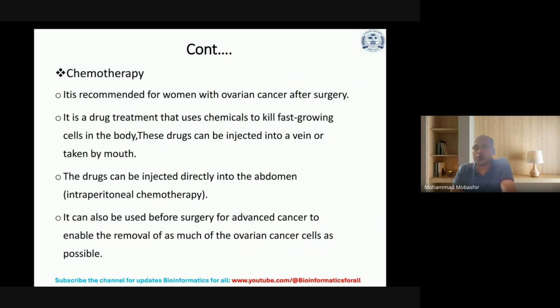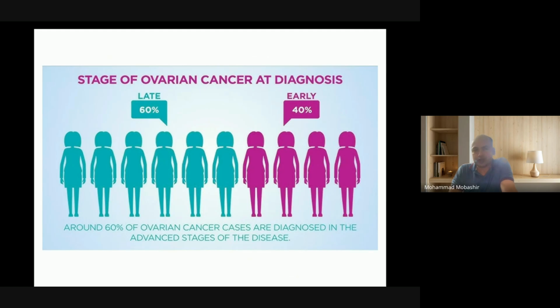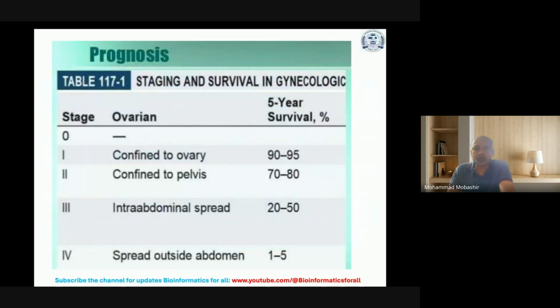It can also be used before surgery for advanced cancer to enable the removal of as much of the ovarian cancer cells as possible. Then, the stages of ovarian cancer at diagnosis: mostly people reach there at a late stage, 60%, early stage 40%, and early stage diagnosis is more successful.